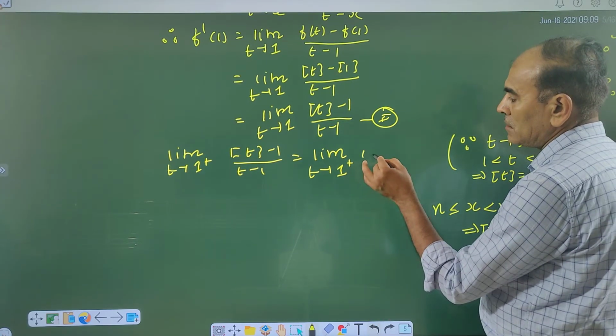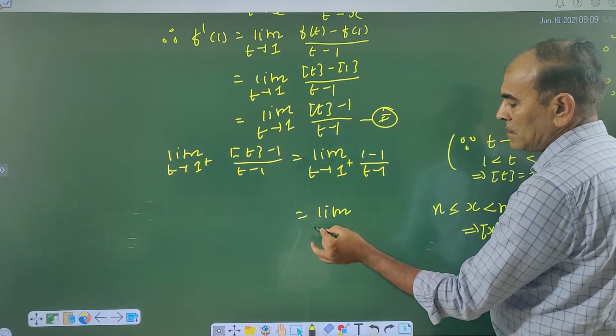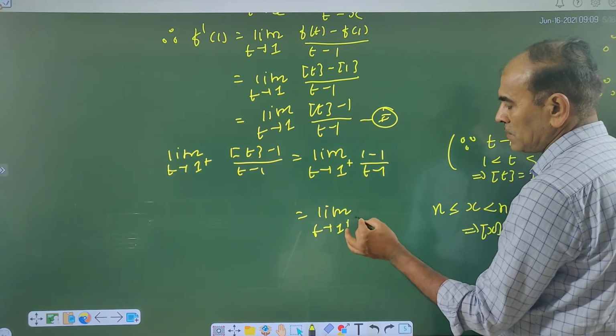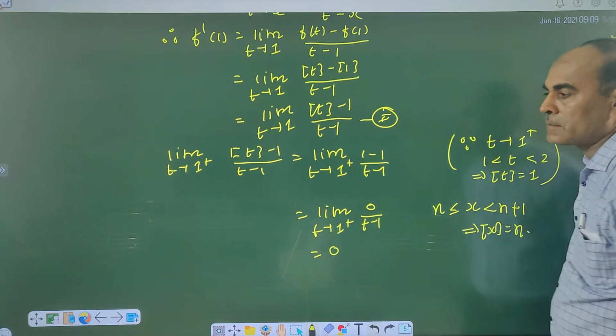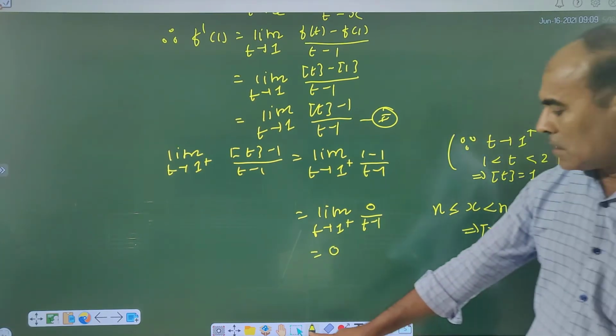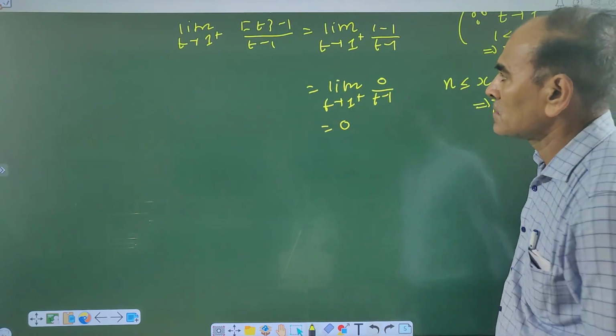So what we get here? 1 minus 1 over t minus 1, limit t tends to 1 plus of 0 over t minus 1, and that limit is 0. Now the right hand limit exists, and it is equal to 0.